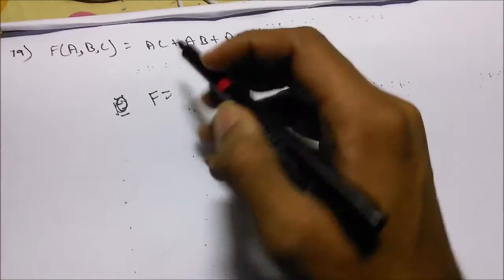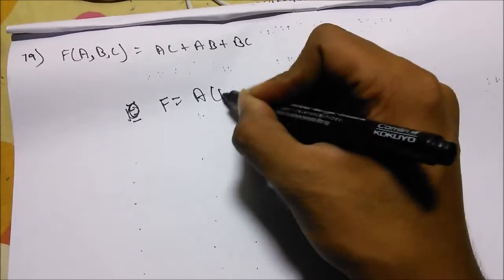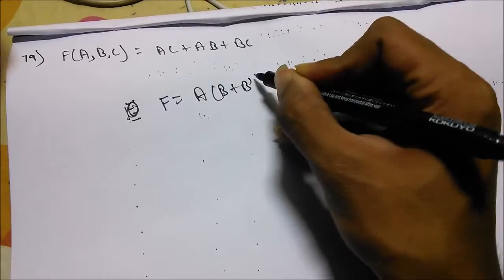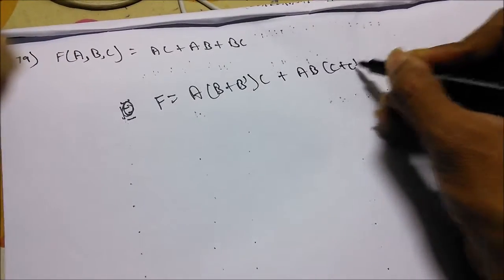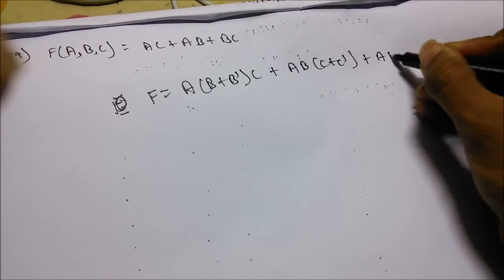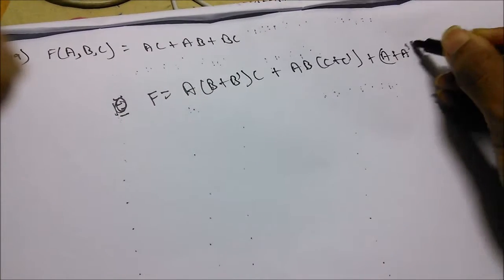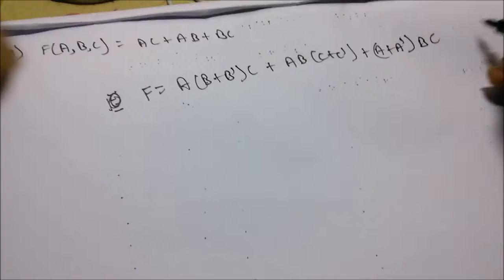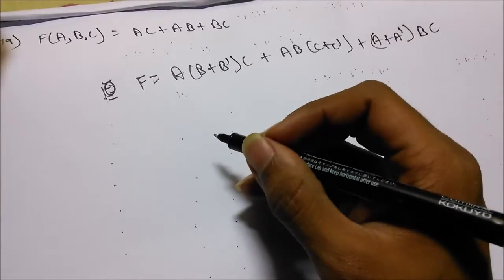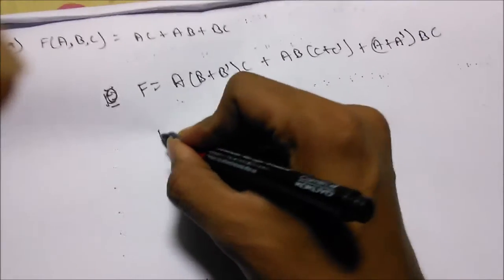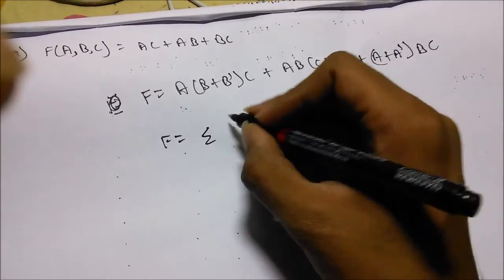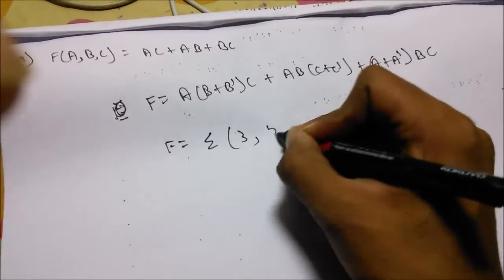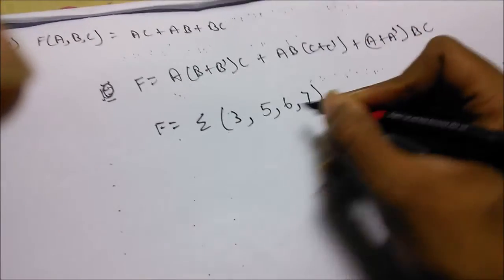So suppose it is AC, we can write it as A into B plus B dash C plus AB into C plus C dash plus A dash into BC, and so on. And then we see that the function is the SOP of 3, 5, 6, 7.